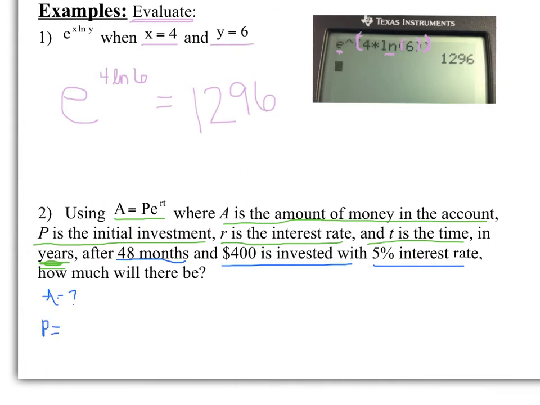P is my initial amount, so I'm investing $400. My rate is 5%. But we don't have a percent button in our calculator, so we need to change it. And remember, it goes back 2 spaces to change to a percentage, so I'd have to have 0.05. And then my time is equal to 48 months.